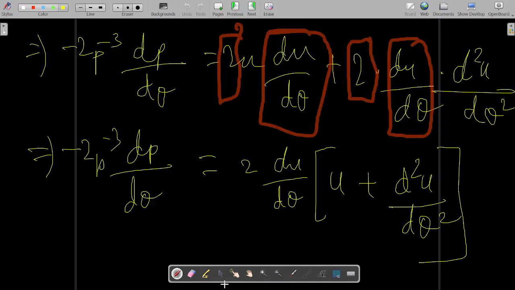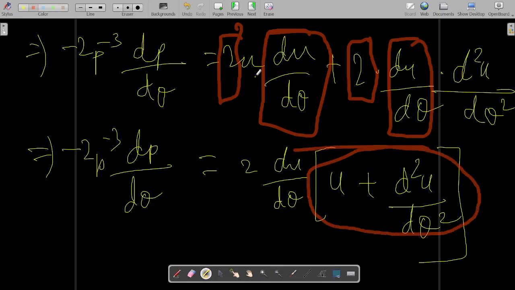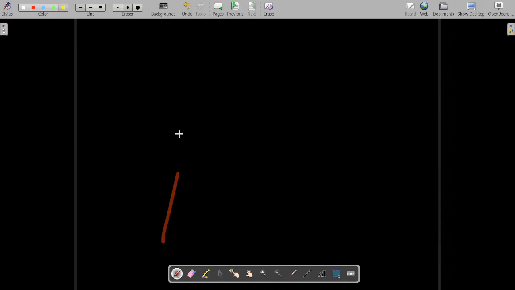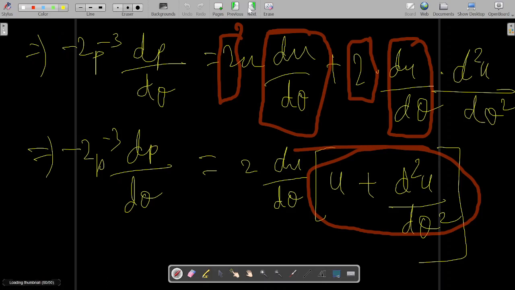Then u plus d2u by d theta 2, you already know what is the value of this. From polar form you know the value of this. So just substitute f by h square by u square over there. That implies that this particular thing will become what?